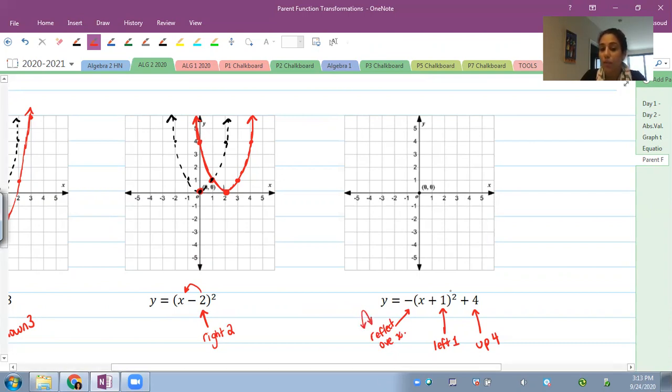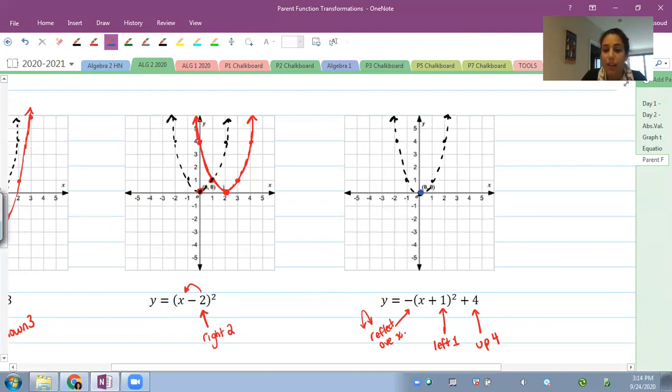So I'm going to move my vertex first. Here's my parent function. And so here's my vertex, right? I'm going to move the entire parabola.